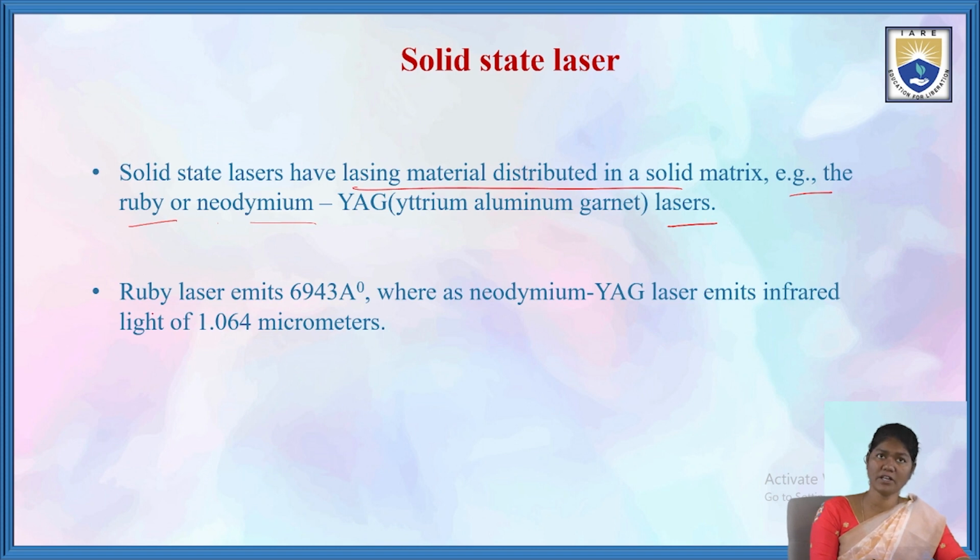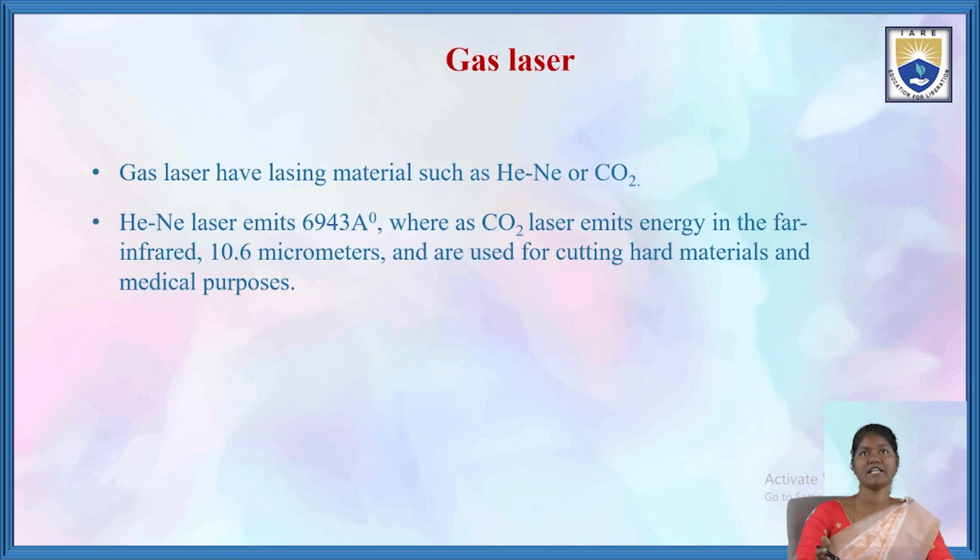The ruby laser emits 6943 angstroms, whereas the neodymium, yttrium, aluminum, garnet laser emits infrared light of 1.064 micrometers. In the gas lasers, the lasing material is helium neon or CO2.